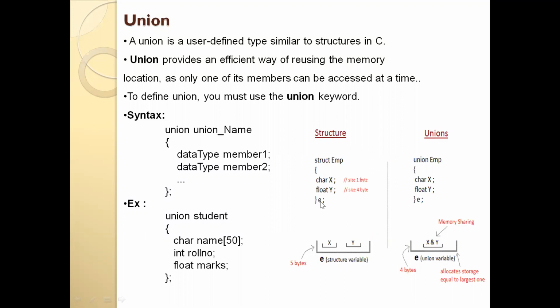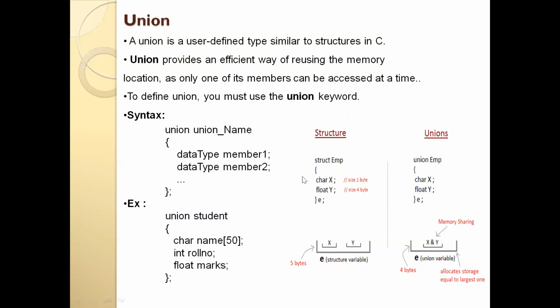After the structure definition, I am writing E. This E is a variable of type employee structure. After creating this E variable, then only the memory will be allocated for the whole structure.